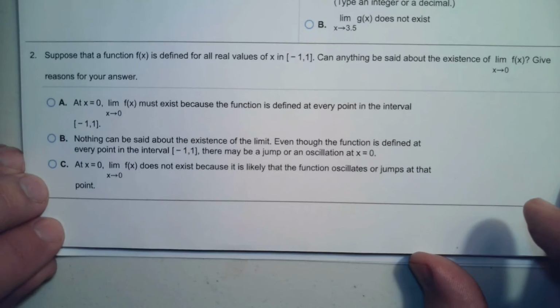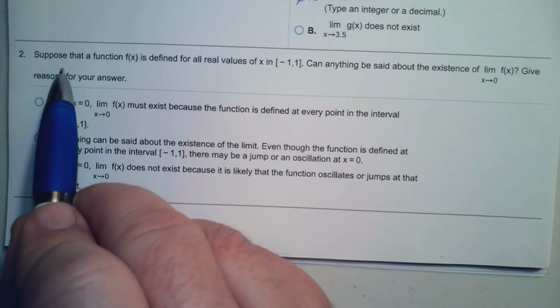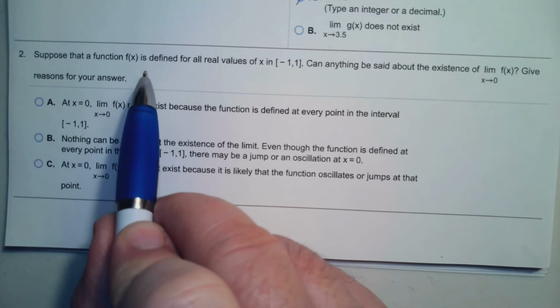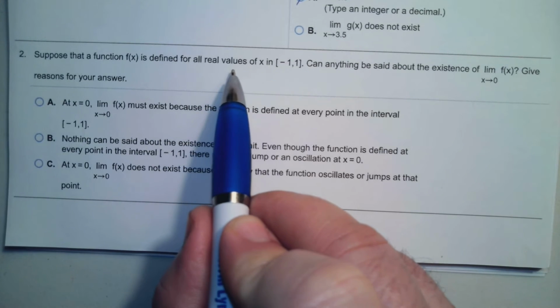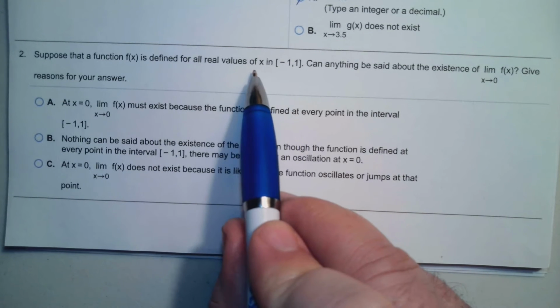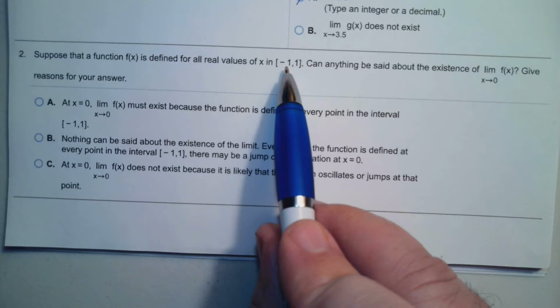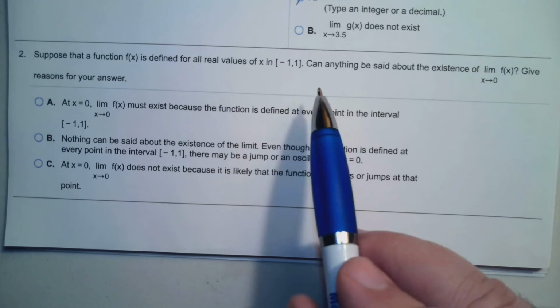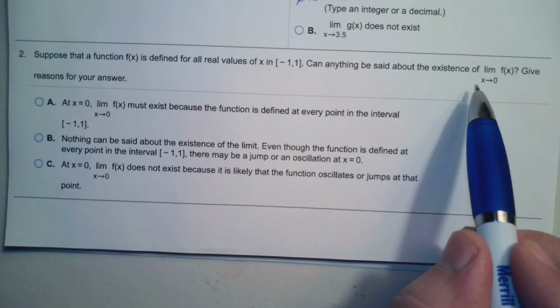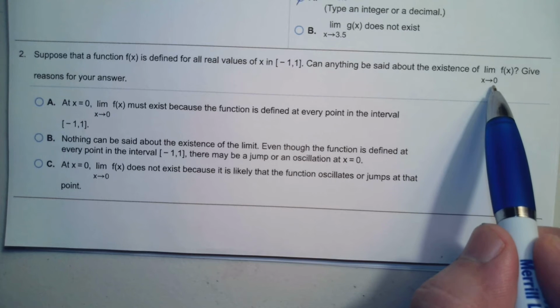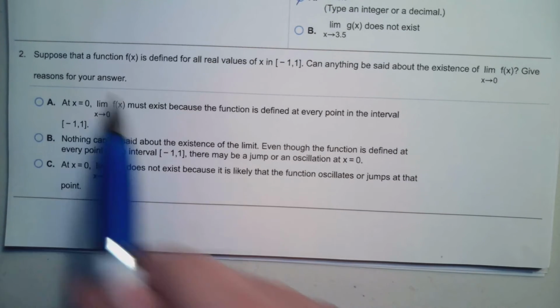Number 2. Suppose that a function f of x is defined for all real values of x in the closed interval -1, 1. Can anything be said about the existence of the limit of f of x at 0? Give the reason why.